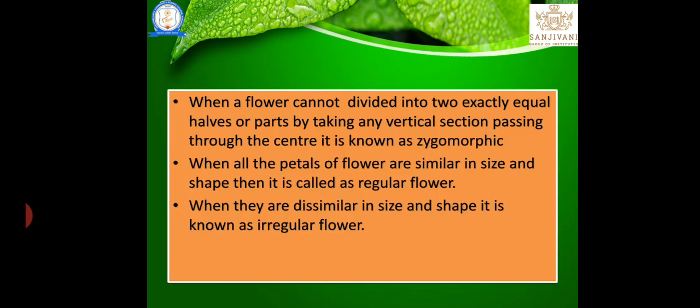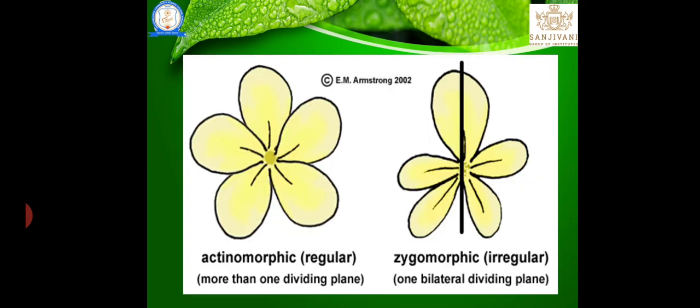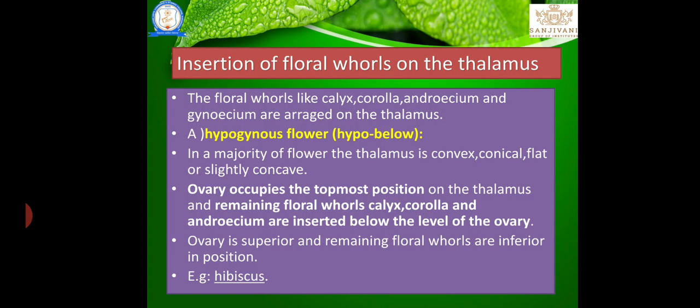When it cannot be divided into two equal halves by any vertical section passing through the center, it is known as a zygomorphic flower. When all petals of a flower are of similar size, it is called a regular flower. When they are dissimilar in size and shape, it is known as an irregular flower. The left side image is actinomorphic, and the right side image is zygomorphic.